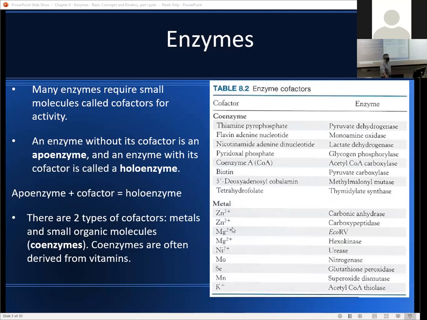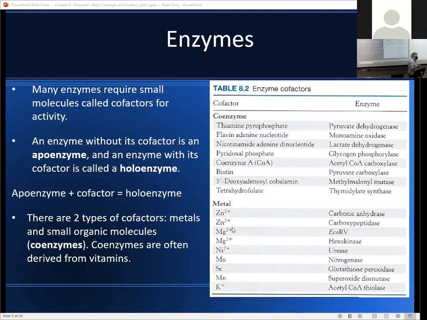Many enzymes require small molecules called cofactors for activity. An enzyme without its cofactor is an apoenzyme. An enzyme with its cofactor is called a holoenzyme. There are two types of cofactors.